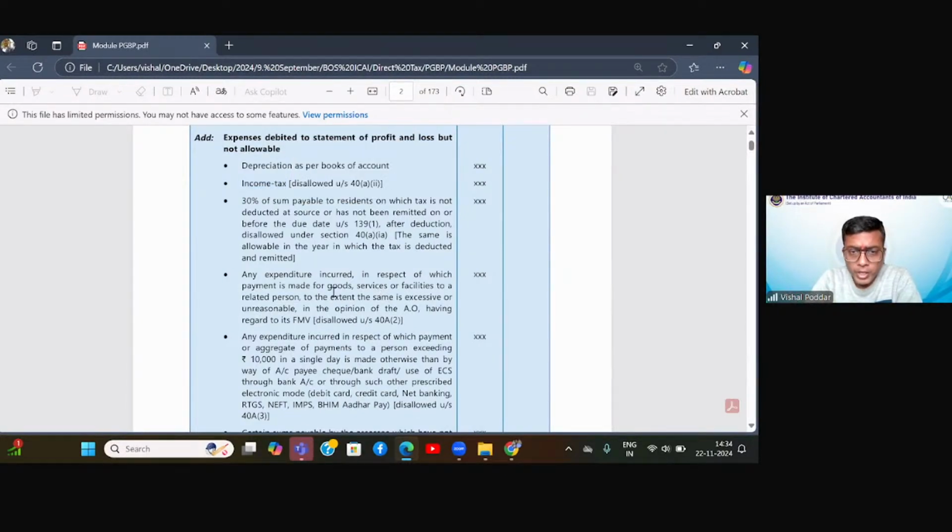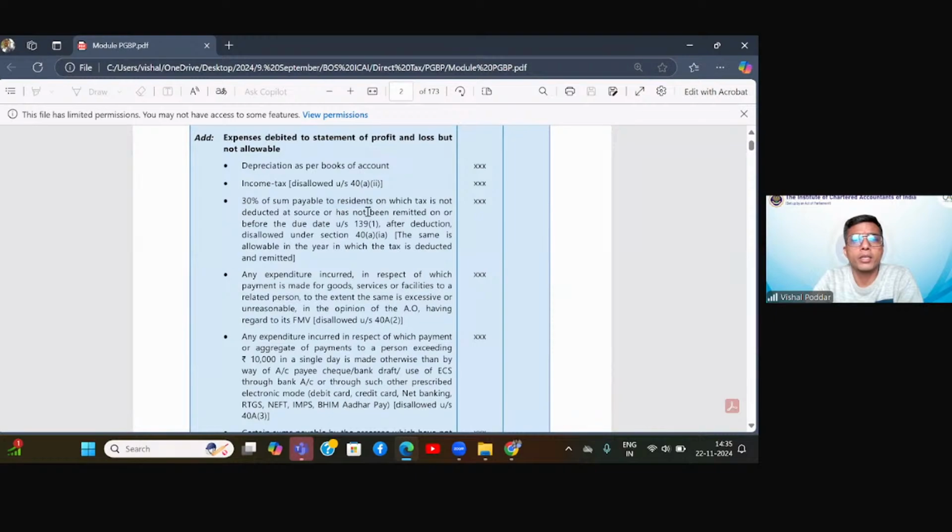Then we come to those expenses where the payment is made to a resident and it is made in India. So I call this a domestic expense. Now, in respect of domestic expenses, you have to disallow under 40(a), various subclauses, if you have either not deducted the TDS. Now, by when do you have to deduct the TDS?